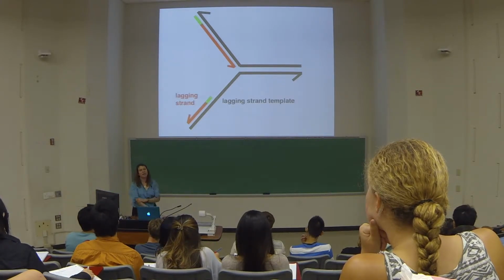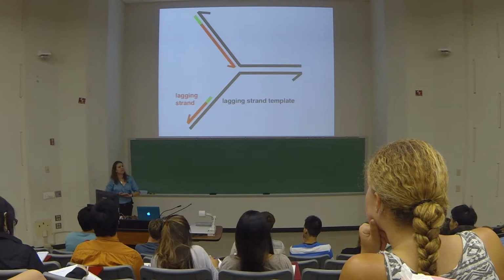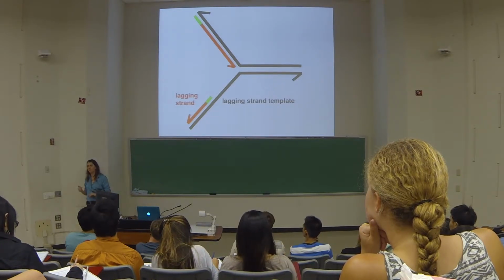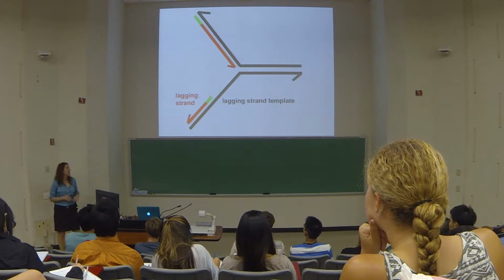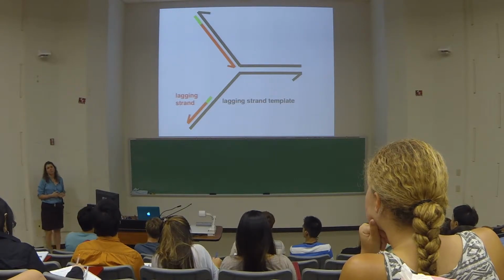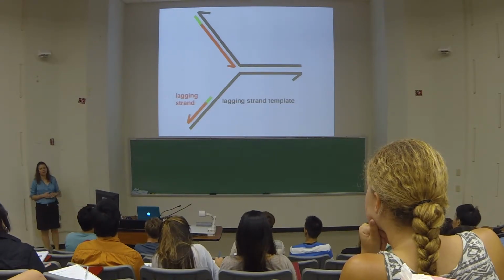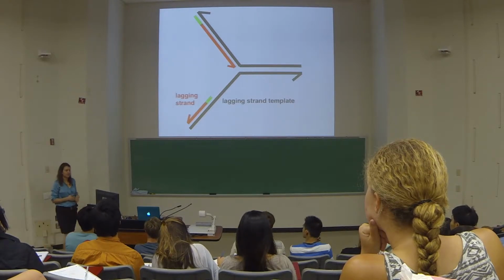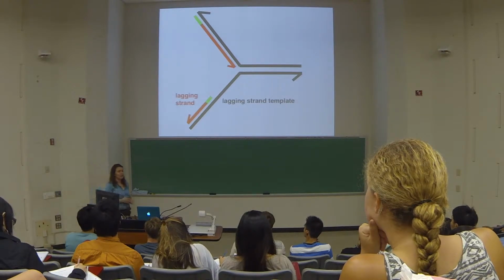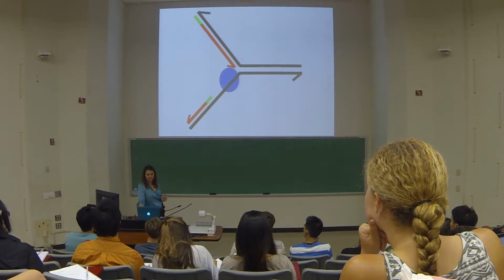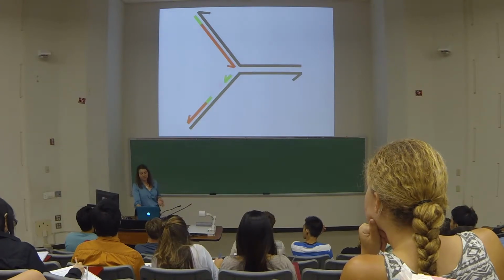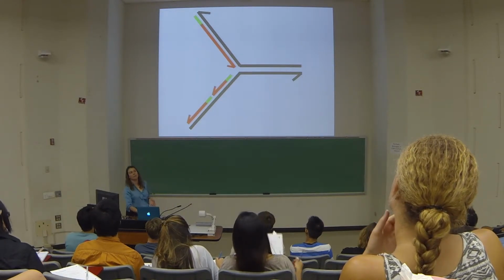All right, so this strand that is being synthesized away from that replication fork is called the lagging strand. And the template it's being built off is the lagging strand's template. Lagging because every time a new stretch of DNA is opened up, we need that primase to come back, put down a new primer, so that polymerase can continue to copy the template.